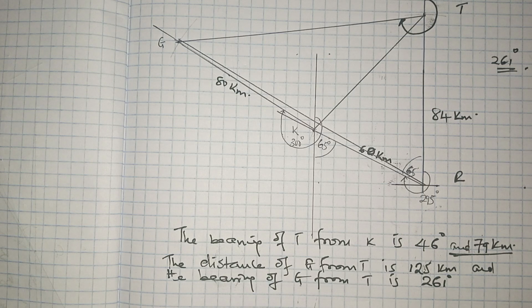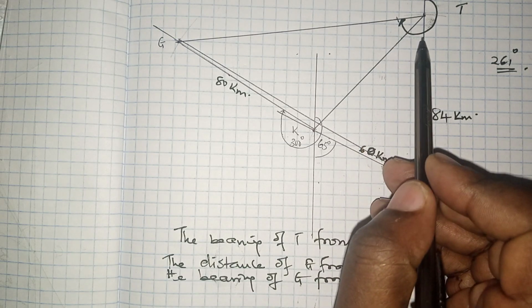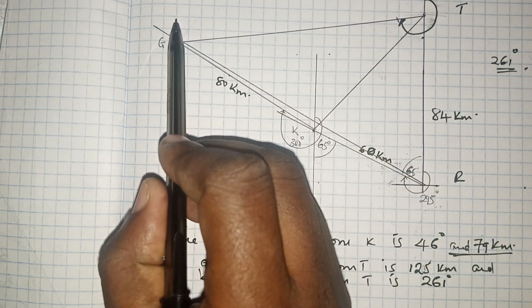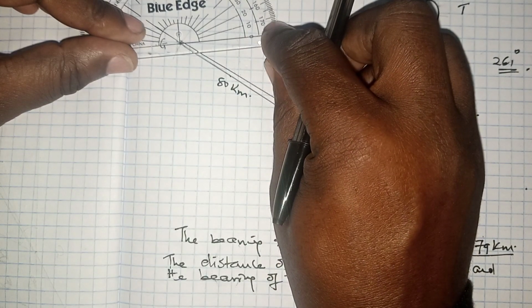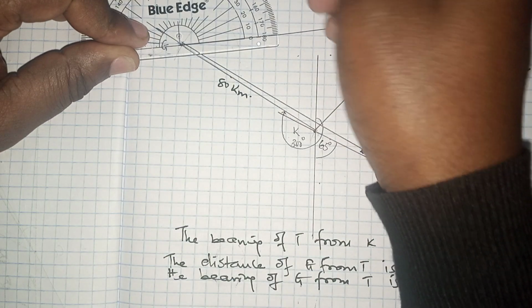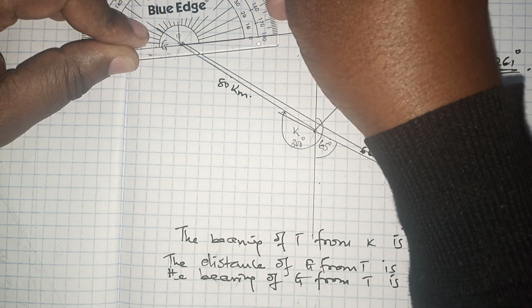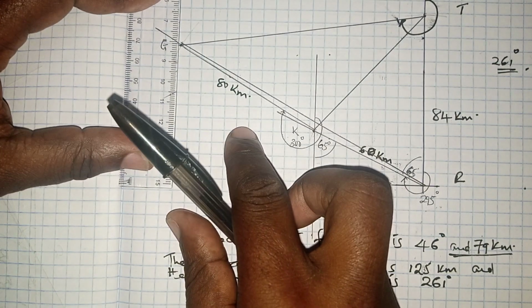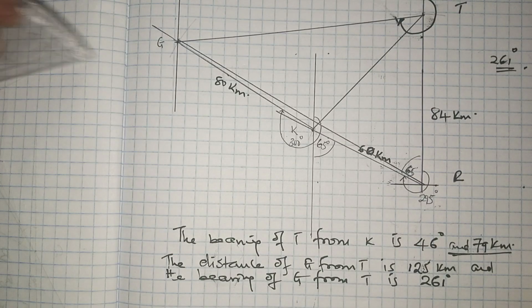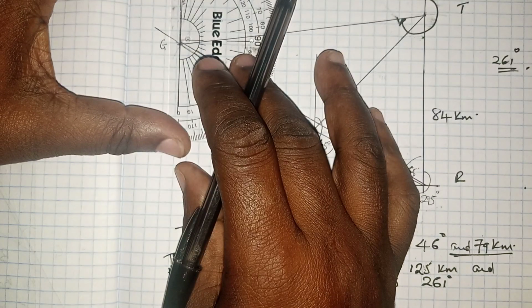Before we do that, it is very important to note that if this is 81, there is another angle which is alternating this, which is going to be 81. To locate the true north, we first get 10, 20, 30, 40, 50, 60, 70, 81 there. So we will have the true north there so that we can now measure this angle.